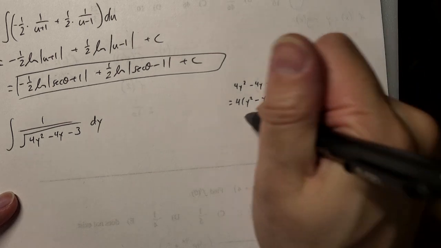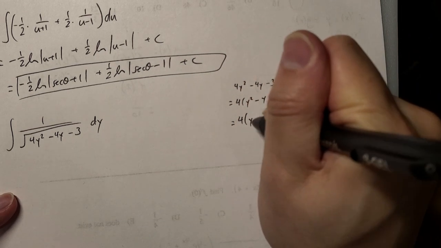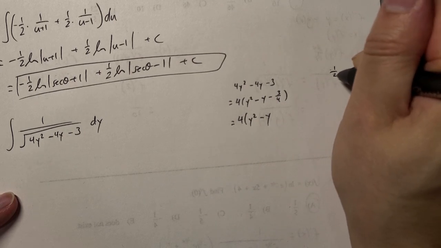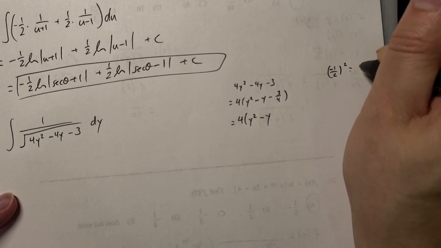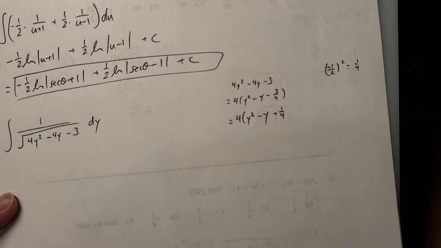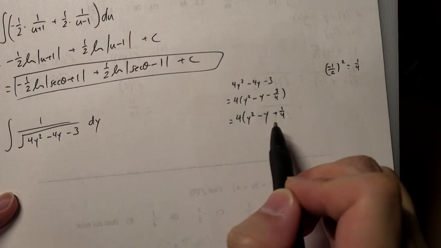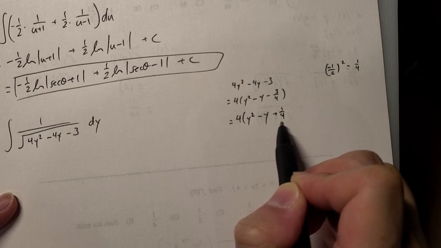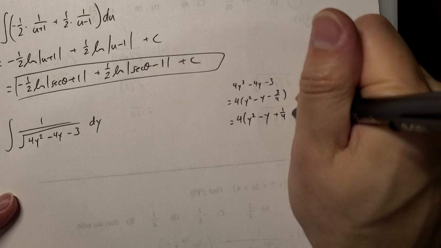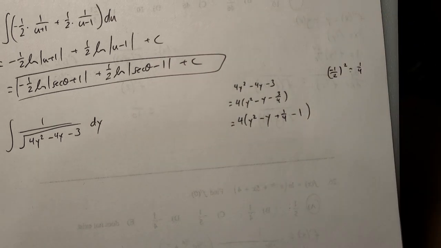Now we complete the square, so y squared minus y. Remember, it's minus 1/2 quantity squared, which is a fourth. So we're going to say plus a fourth, and then it's originally minus 3/4, so we need to put minus 1.